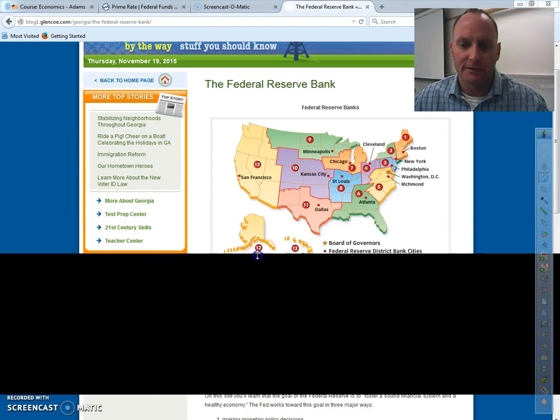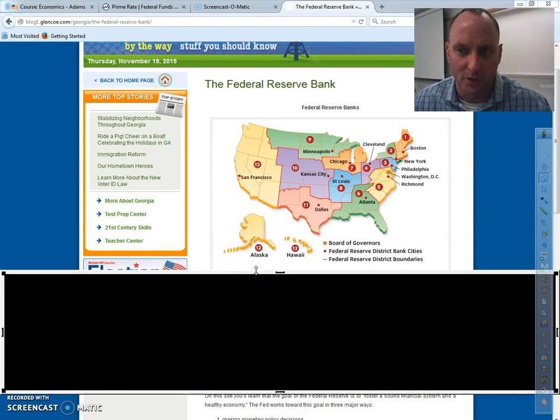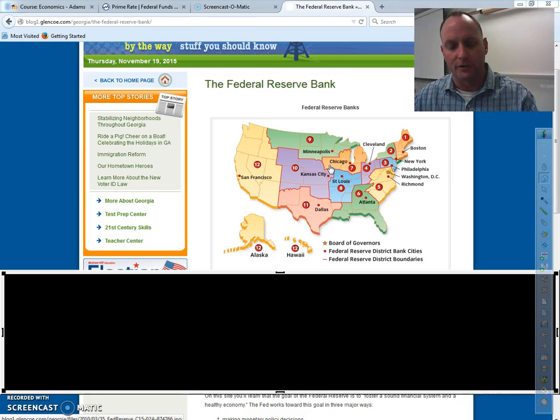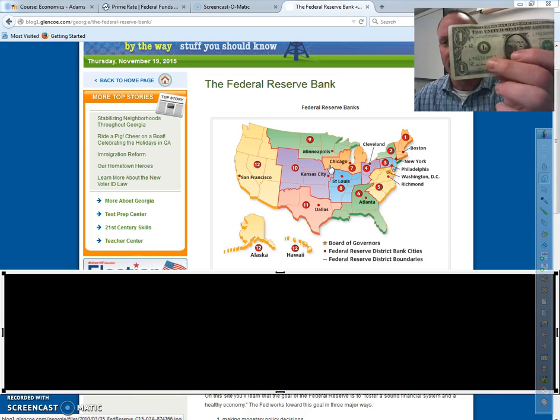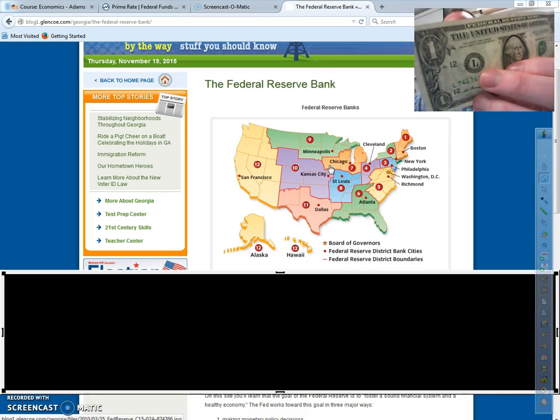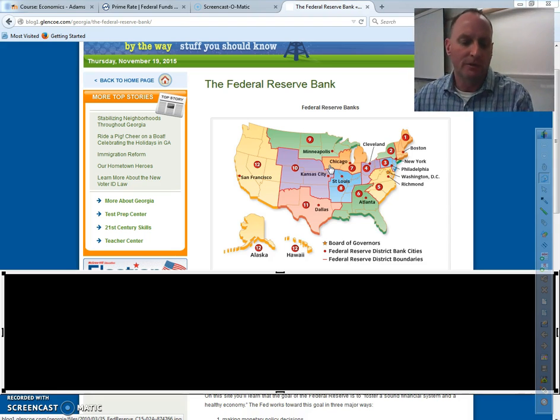As you can see, the United States is divided up into these 12 districts. Our district is 7 right here. What's interesting is, if you look at your currency, like here's a dollar, you can see the letter L on it here where my finger is. That L represents a particular region.